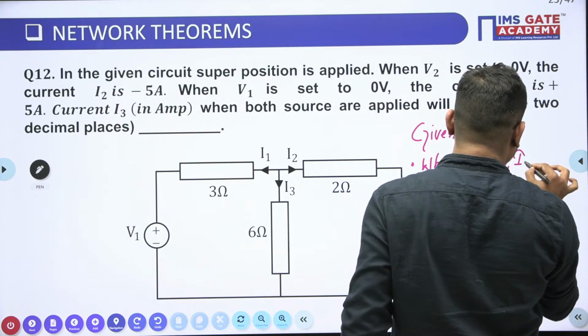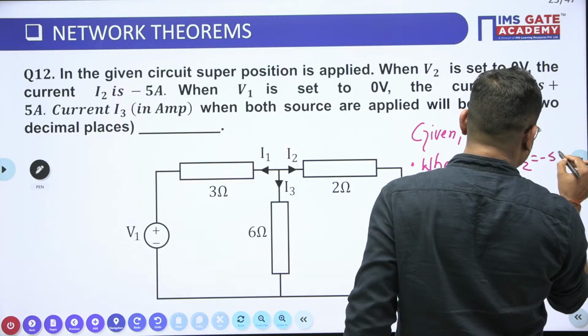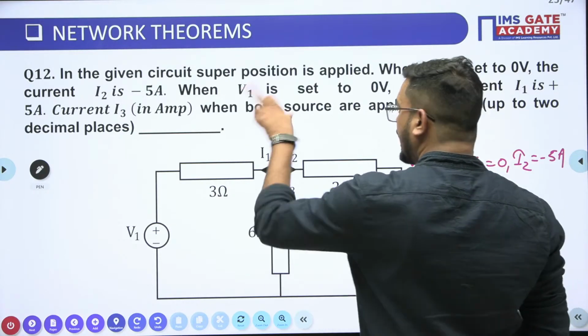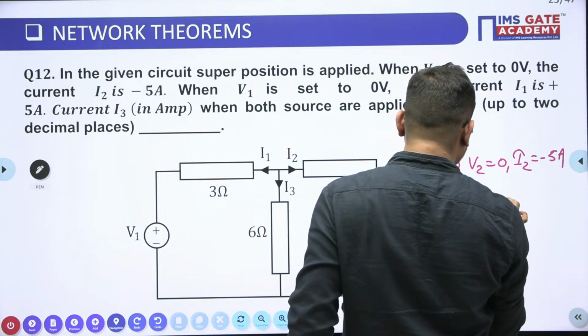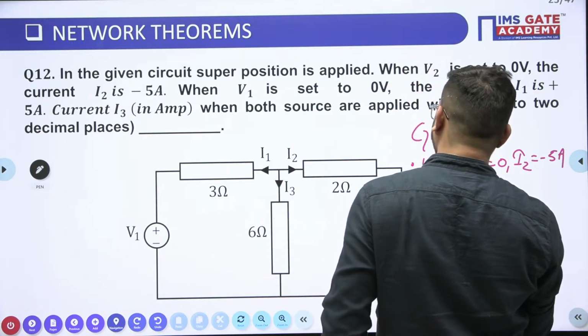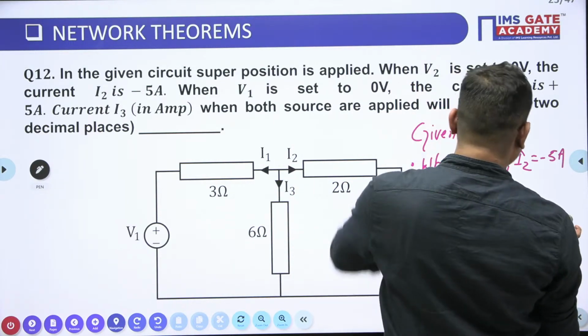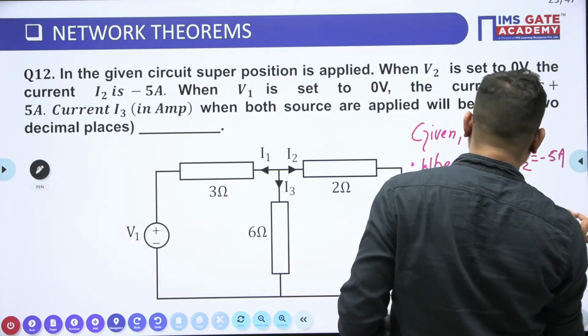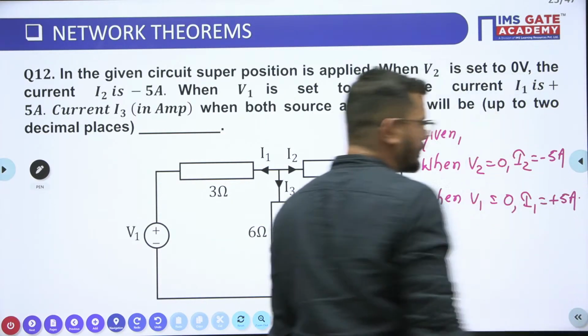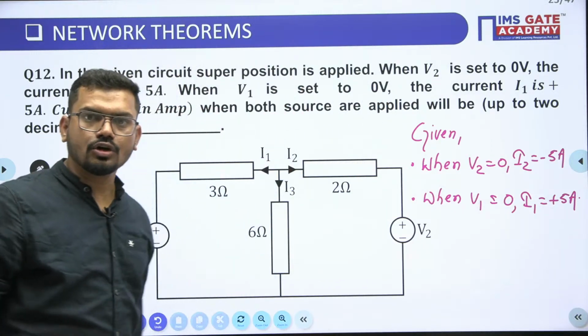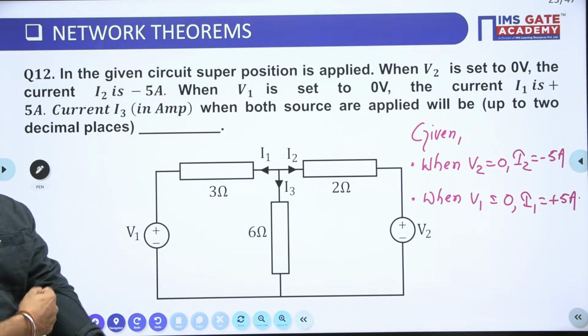The second point given to us is when V1 is set to 0, the value of current I1 is equal to plus 5 ampere, guys. Is it clear, yes or no?